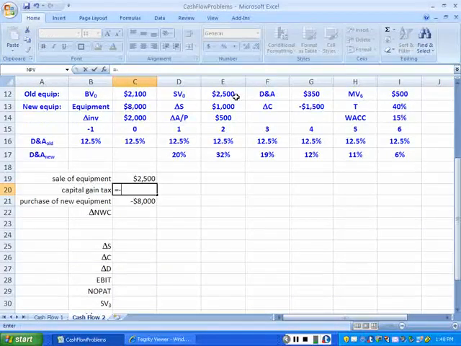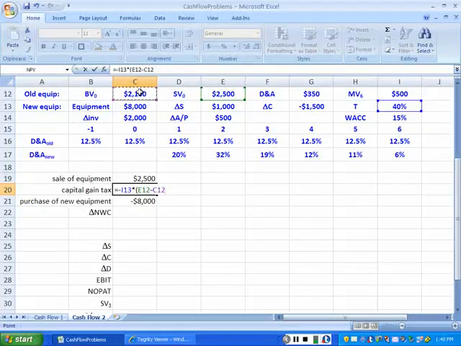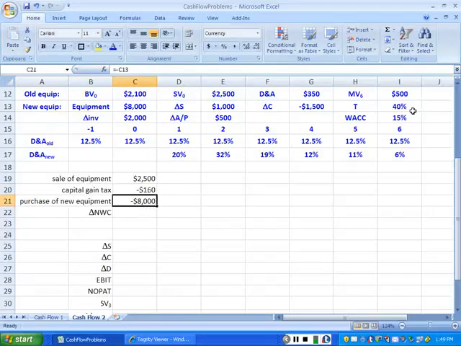So this will be equal to a negative of the 40% tax rate multiplied by, and in parentheses, the difference between what we get, the salvage value, and what we said it's worth on the books. So salvage value minus book value, that $400 difference multiplied by 40% is what we owe in terms of taxes.